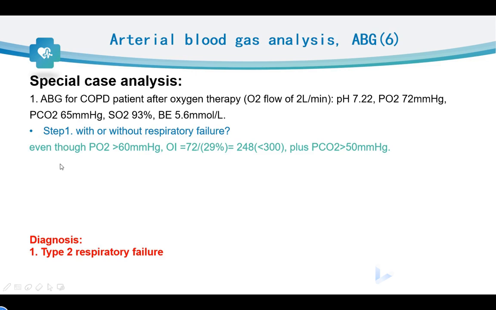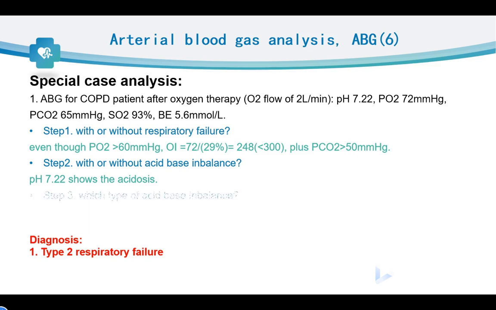That's the step 1. Step 2, with or without acid-base imbalance. We can find that the pH is less than 7.35, which shows the acidosis. So, we can conclude that there must be an acidosis. And step 3, which type of the acid-base imbalance?